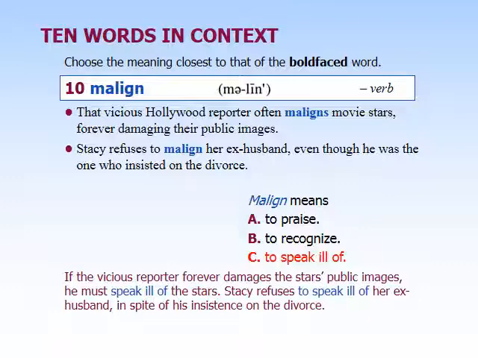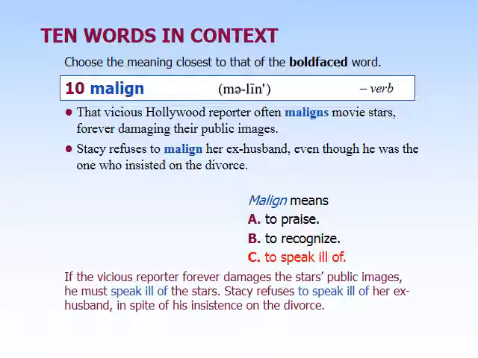So malign means to say bad things about another person or a restaurant or a situation. Means that you're saying bad things about the person, which may or may not be true, which may or may not be exaggerated, but with the purpose of making that person or that thing lower or less or bad in the other people's eyes.